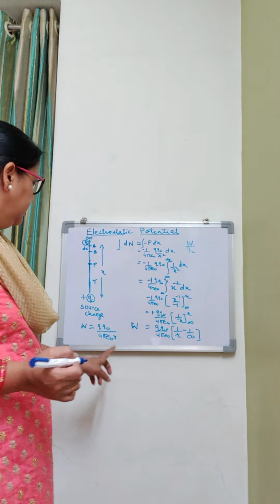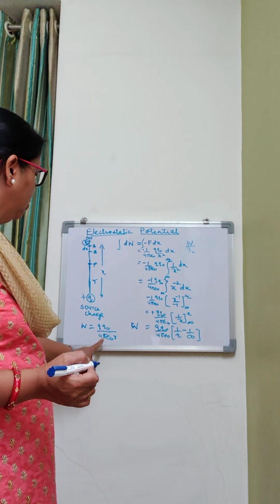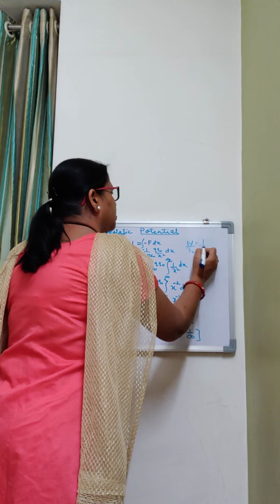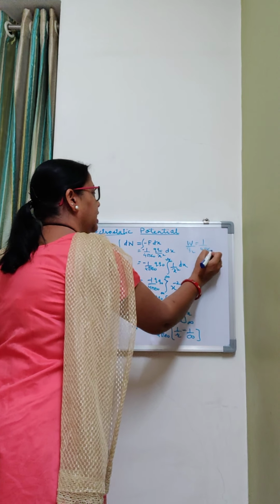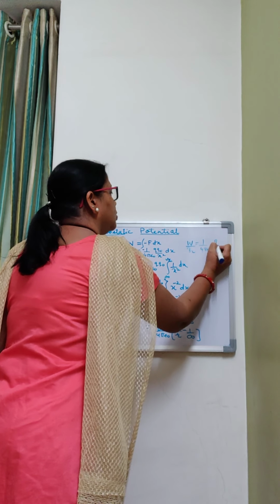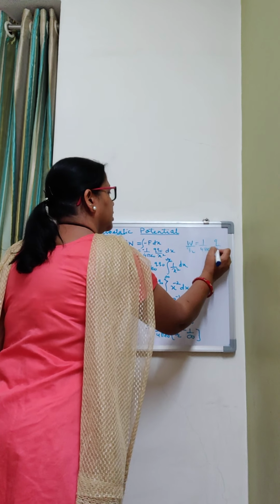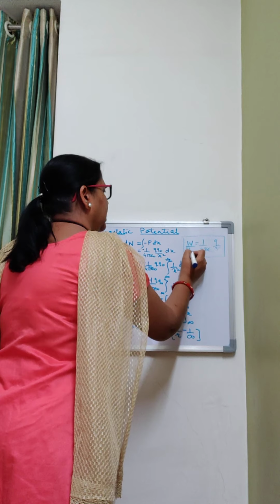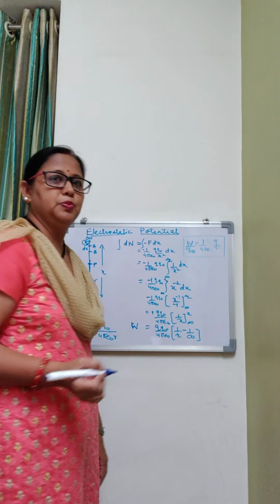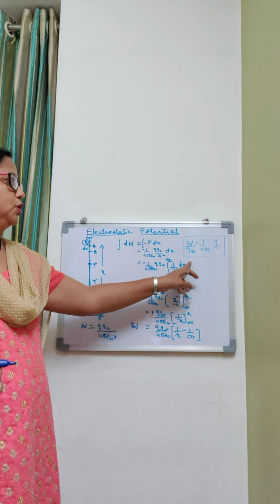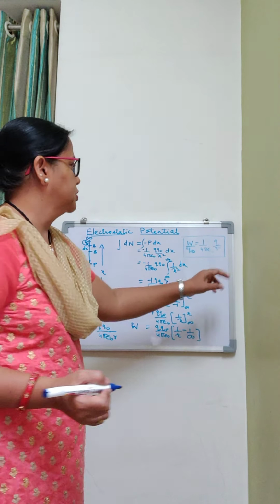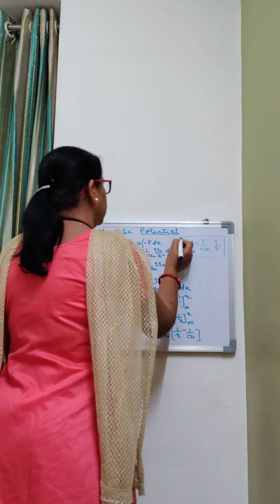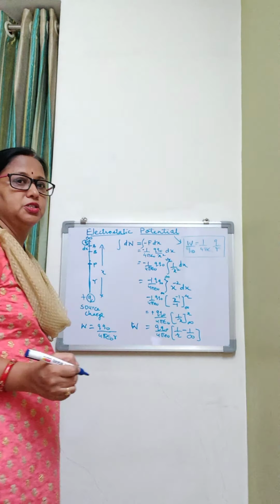If I divide, then I will get only 1 upon 4 pi epsilon naught into Q upon R. So I have found out the expression W upon Q naught equals 1 upon 4 pi epsilon naught Q upon R. Now this is called the electrostatic potential.